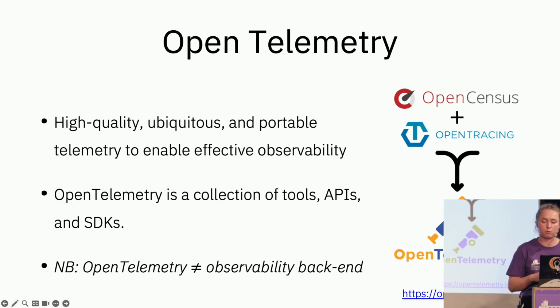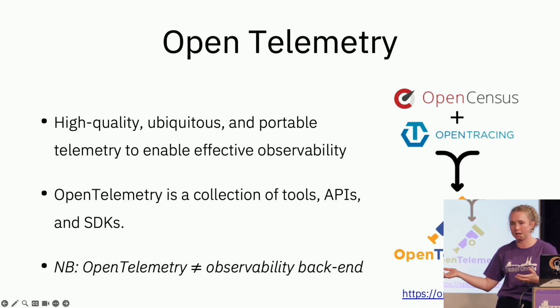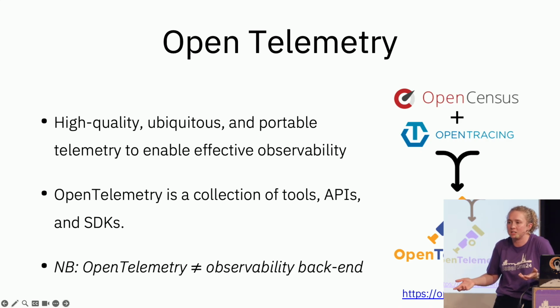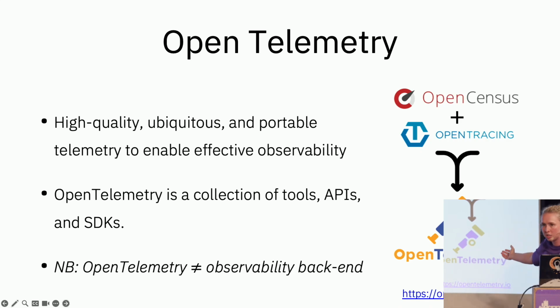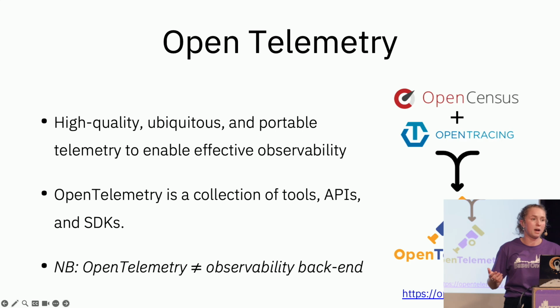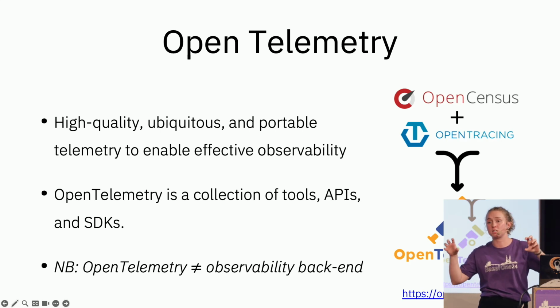So Open Census provided a set of language-specific libraries that developers could use to instrument their code and then send it to any of the supported backends. But the difficulty with Open Census and Open Tracing is that there still wasn't one standard. That's 2 projects. That means 2 standards. That means there is no single standard. So they realized this, and of course, each of them had their individual drawbacks. So they decided to take the best bits of each project, combine them together, and truly make one standard, which is now Open Telemetry.